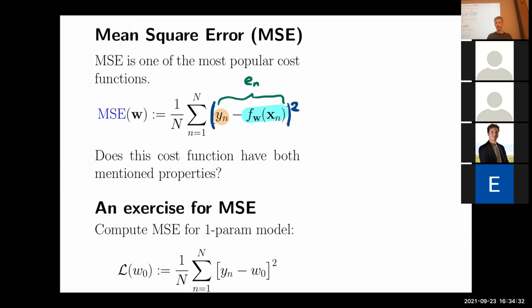Which is exactly what we discussed before, because we said, okay, it's reasonable to look at symmetric cost functions, and of course that they should be growing as well. So the more error you have, the more cost you want to have. So this is the cost of my data point number n, and then I just sum this up over all data points.